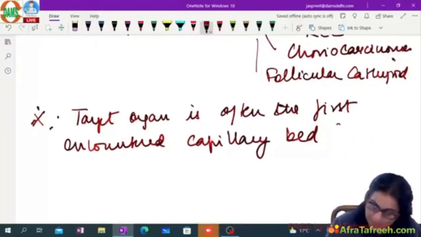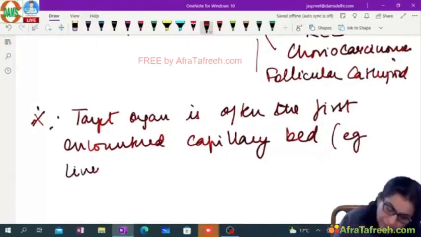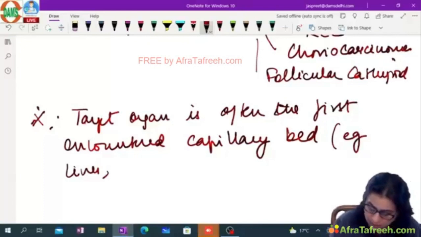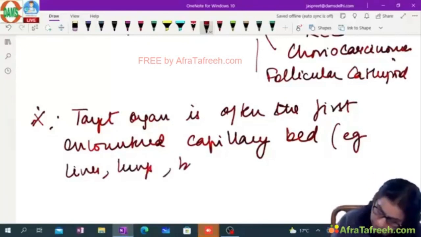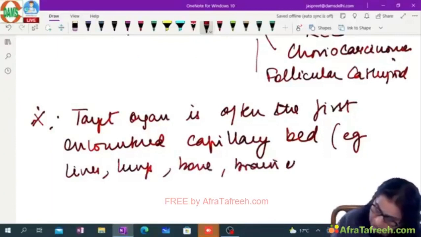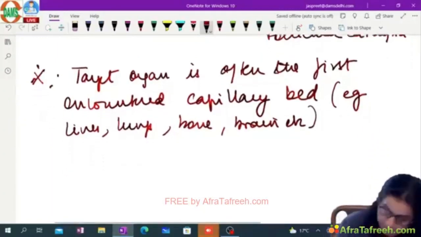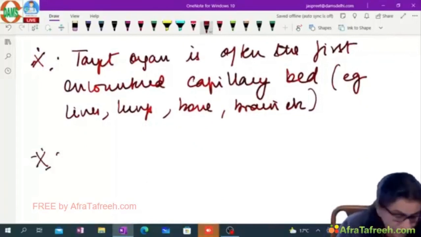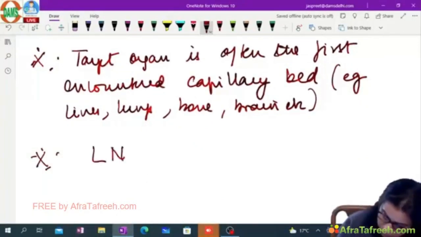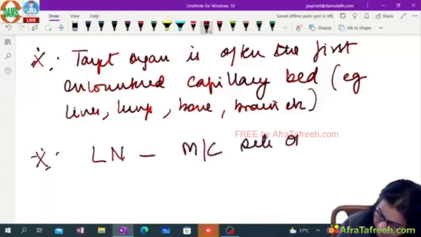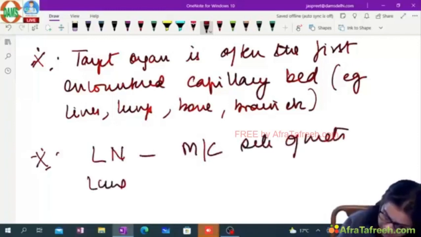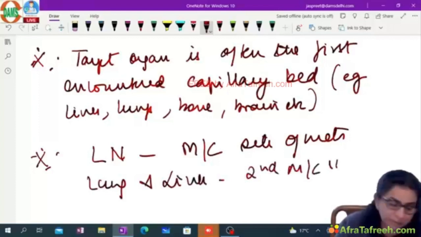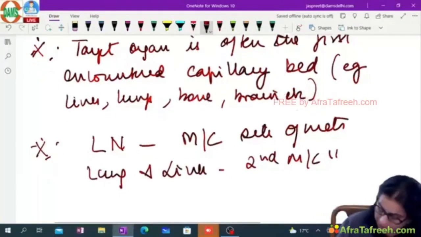So the first encountered capillary bed examples are liver, lungs, then bone, brain, etc. And remember, the most common site of metastasis is number 1, lymph node, followed by lung and liver, and then bone and brain as well.